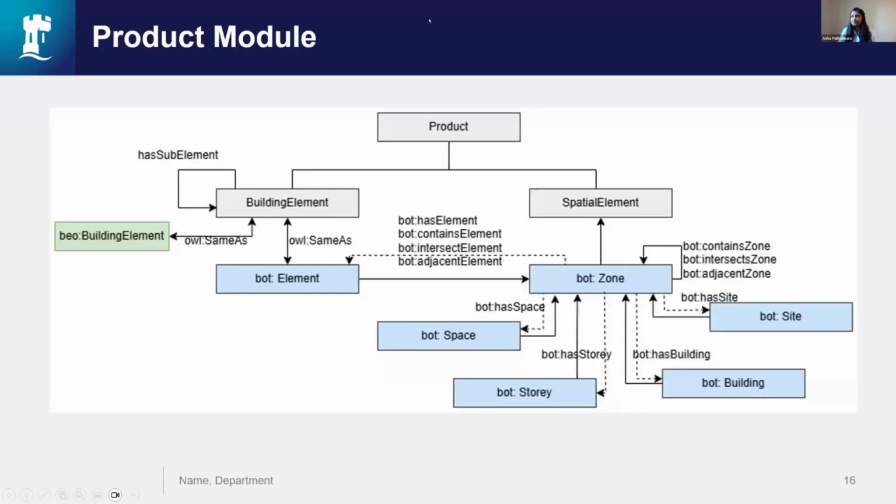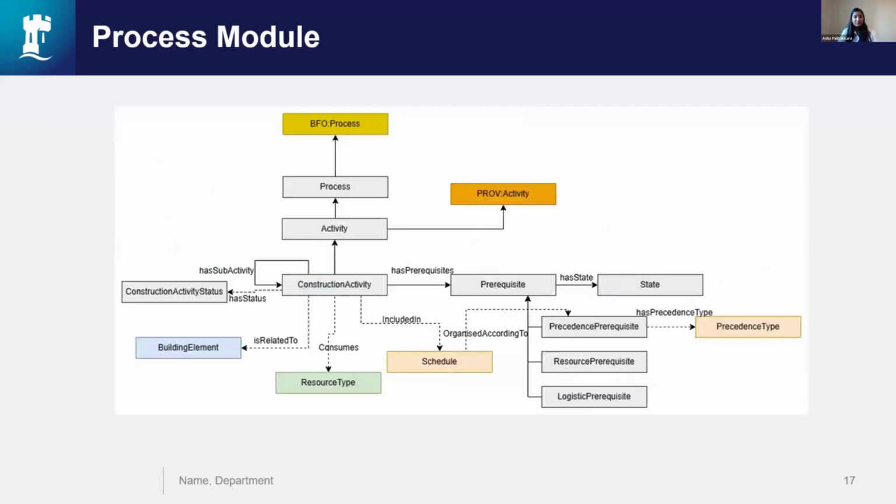These are some diagrams of the proposed modules. This is the product module, where I have reused the BOT ontology. And there's the process module, and I always try to use upper-level ontologies like BFO and PROV.